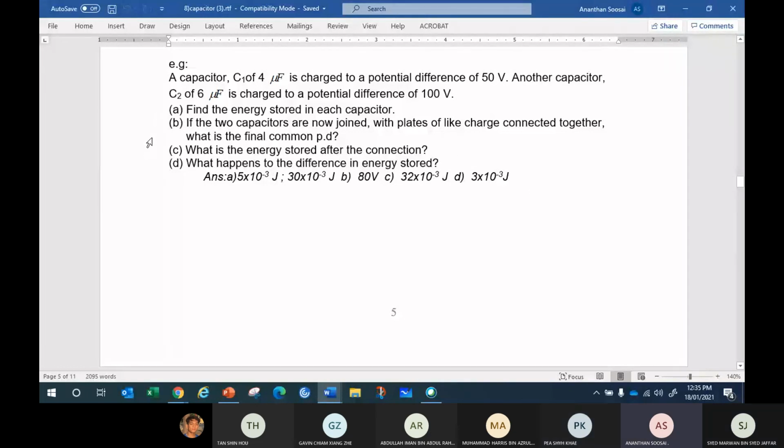Try to work this out. I give you 2 minutes. Try to get the answer at the bottom: part A answer is 5 times 10 to the power negative 3, then B, C and D.